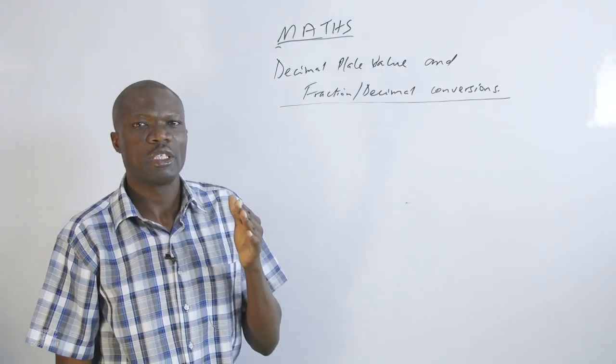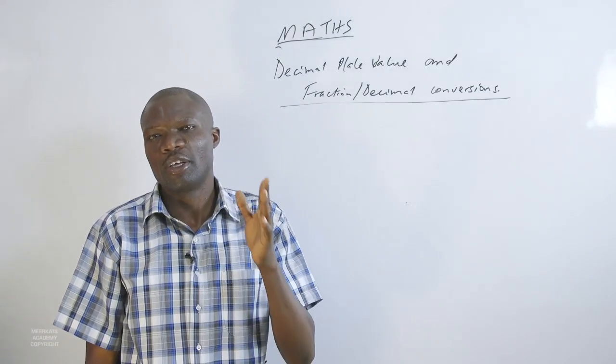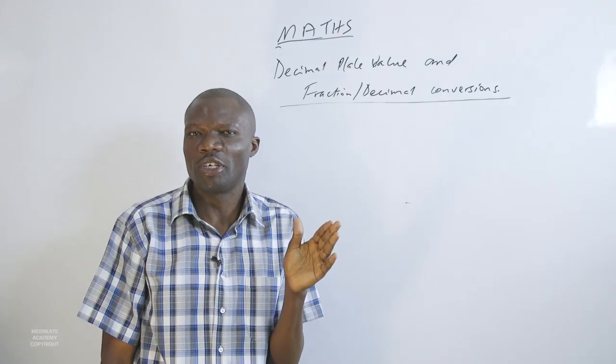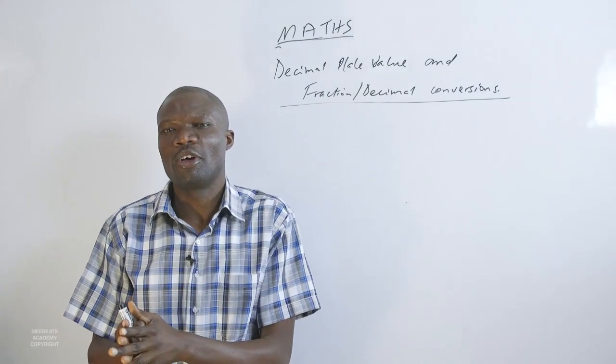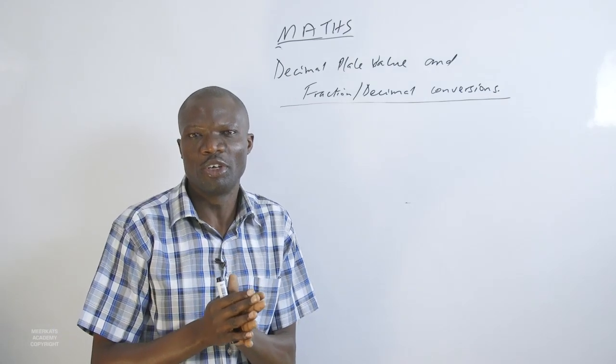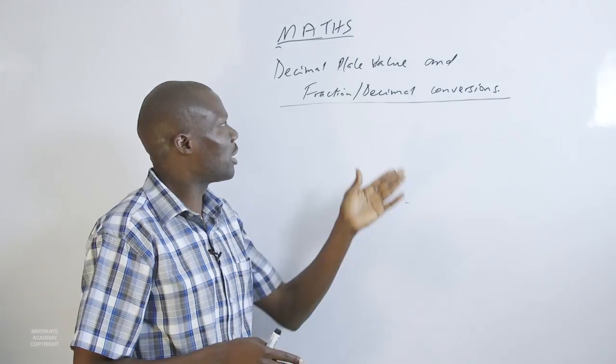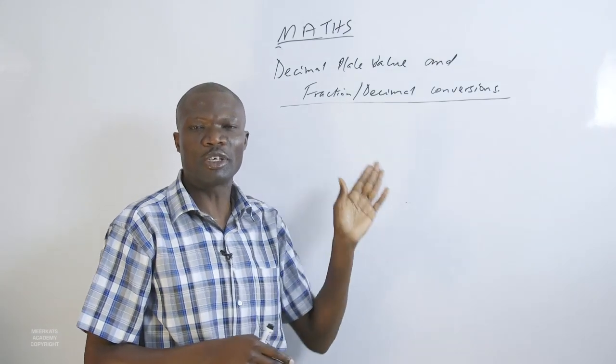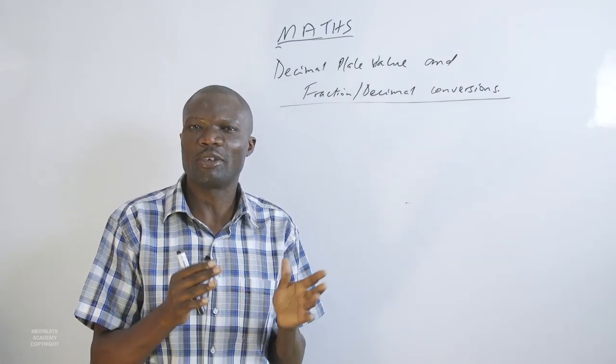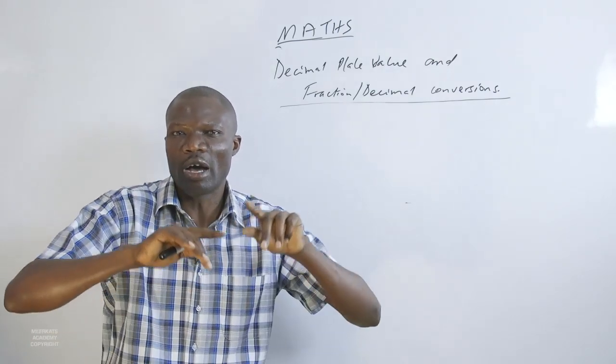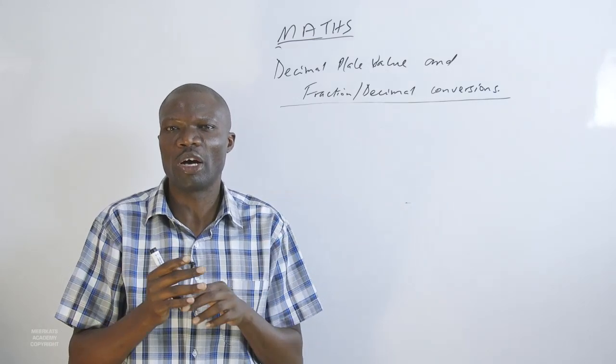Now, we saw earlier on that you can represent a fraction as a decimal, or a decimal as a fraction. Both the decimal and the fraction are defined as what forms part of a whole.